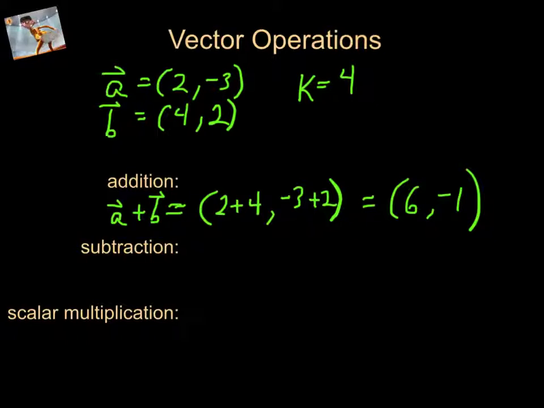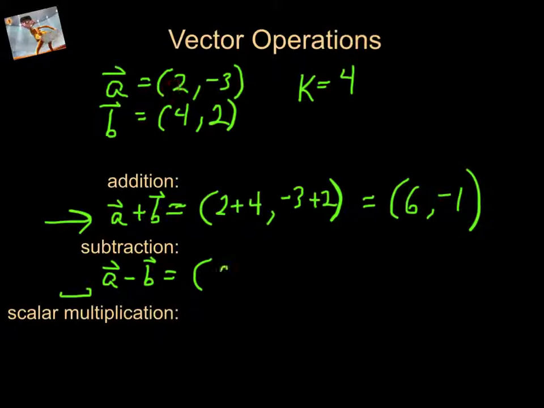Okay, what if we were to subtract these two? Vector A minus vector B. Well, here it doesn't matter for addition because addition is commutative, but subtraction is not. Never forget, 3 minus 4 is not the same as 4 minus 3. So whatever vector comes first, those xy points come first. It has to be that way or else you're going to get the wrong answer. All right, so let's see. Vector A comes first.